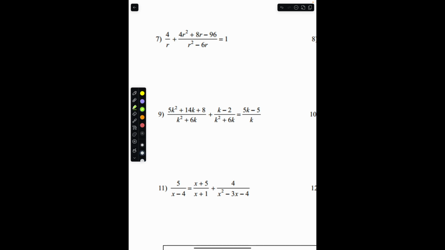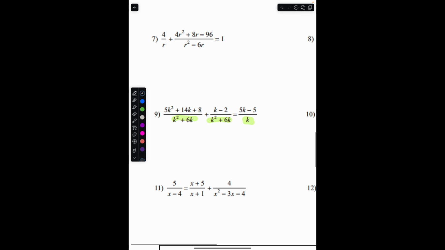What is going to be the common denominator that I can multiply everything through so that I get rid of these fractions in one step? Well, the key thing you need to realize is that k squared plus 6k can be factored. k squared plus 6k is the same thing as k times (k plus 6).